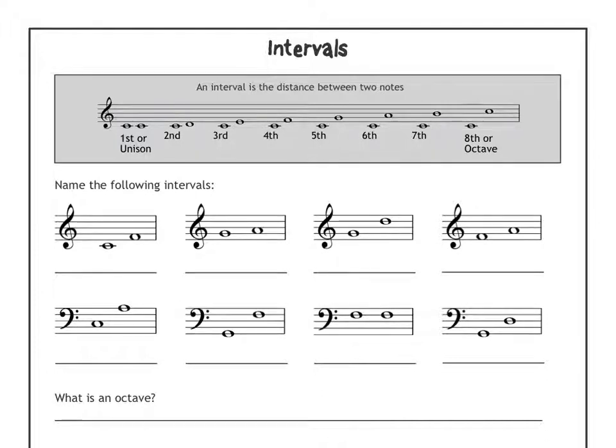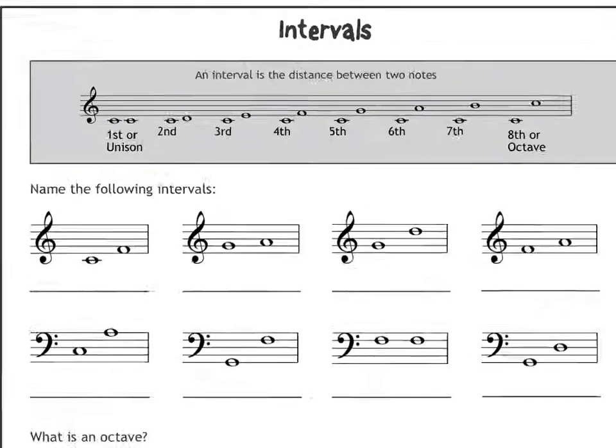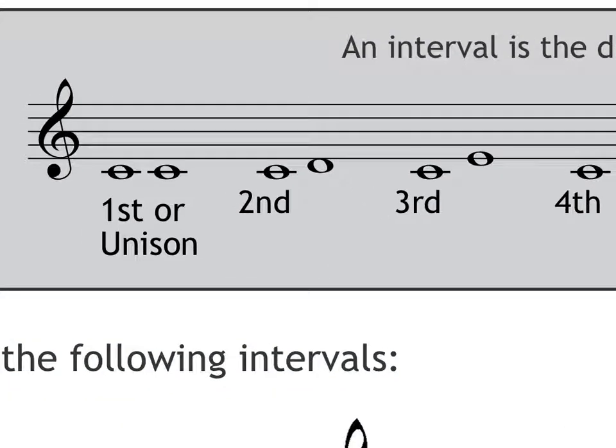So, an interval is the distance between two notes. When we talk about the distance between two notes, we always talk about the bottom note as being note number one. Not that we've traveled one step, but we always label the bottom note as note number one. I'm going to zoom in here real quick so I can show you what I mean.